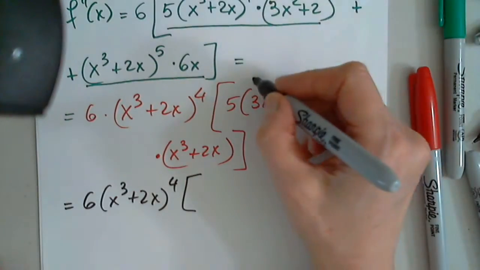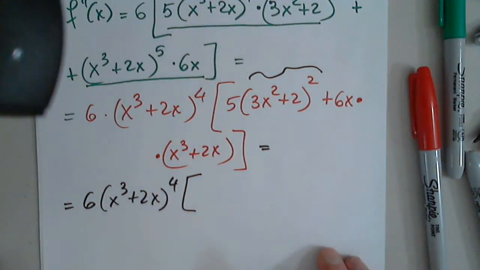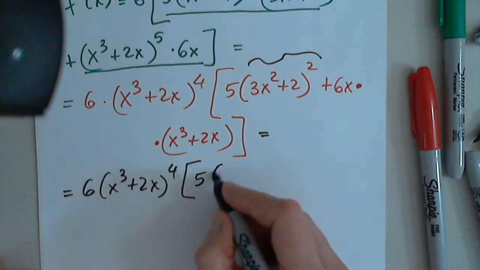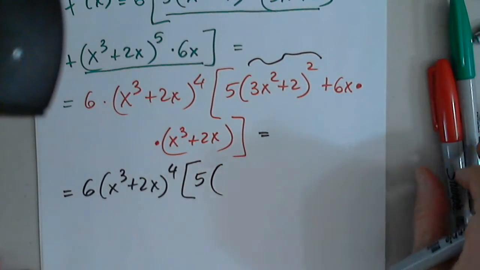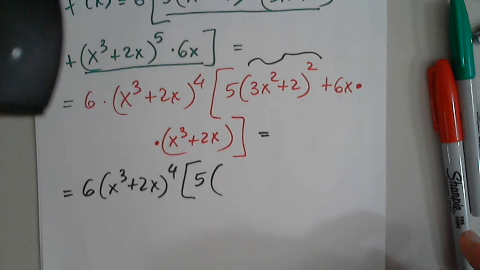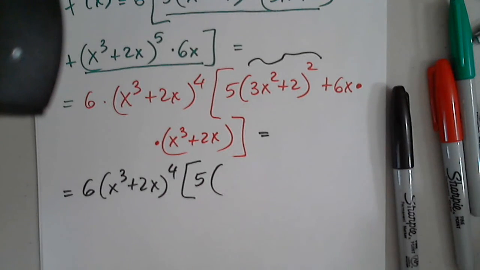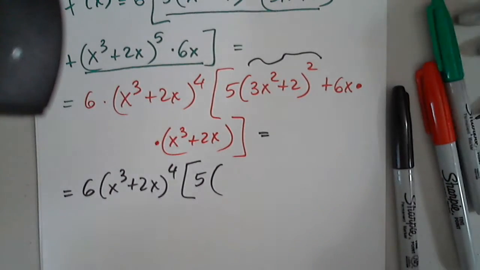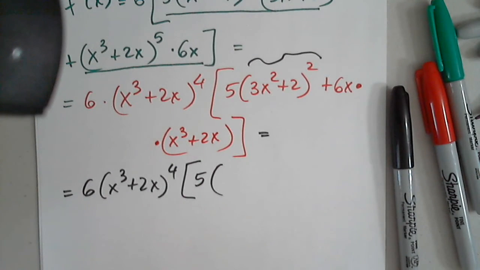And now, can anyone expand this for us? Somebody who hasn't said anything yet. How do we expand (3x squared plus 2) squared? How many terms do we get? Noor, would you like to tell us how many terms we get when we square 3x squared plus 2?